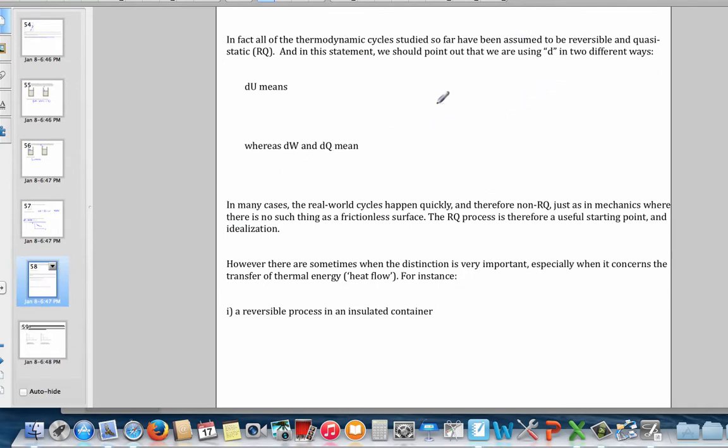Now, another subtle point is in that differential form, when we write dU is dQ plus dW, strictly speaking, these d's aren't the same. Because you see, U is a function, so it makes sense to take dU. It makes sense to find the change in a function, using standard differential operators.